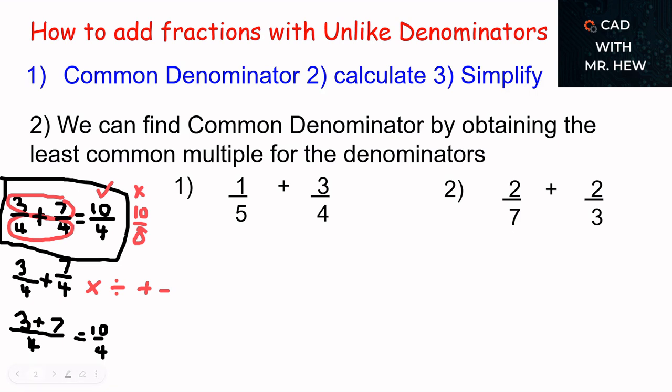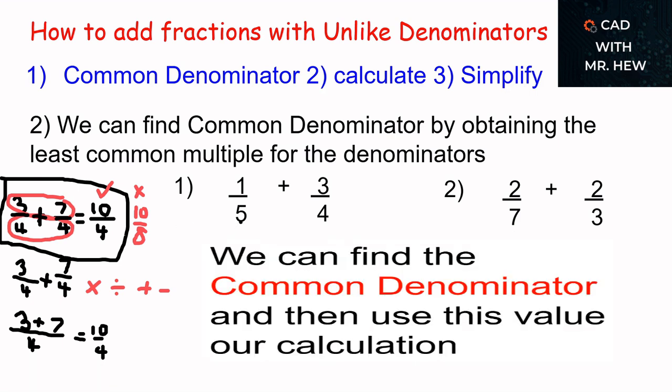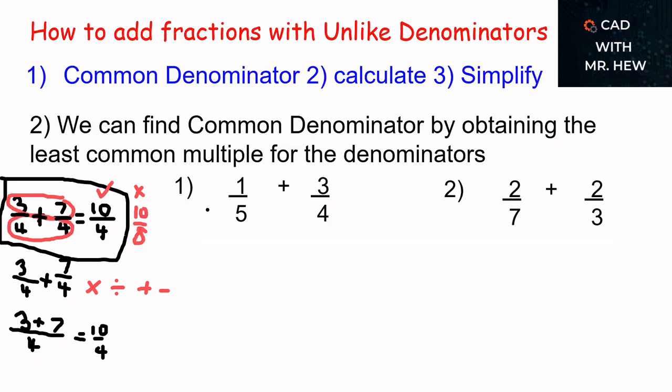We need like denominators. And here we have a 5 is not the same as a 4. Right? So what we have to do then, we have to make sure that the denominator is the same in order to add them, right? Okay, so looking at question 1, we have 1 upon 5 plus 3 upon 4, right? Now we want to add these two fractions, right?